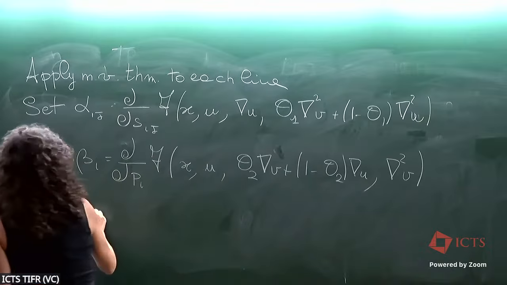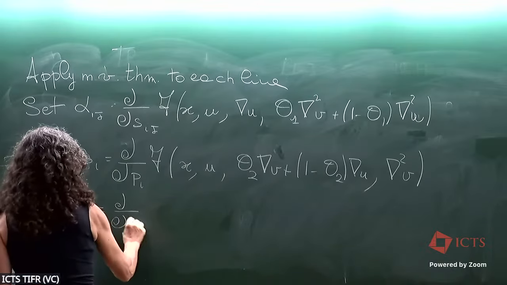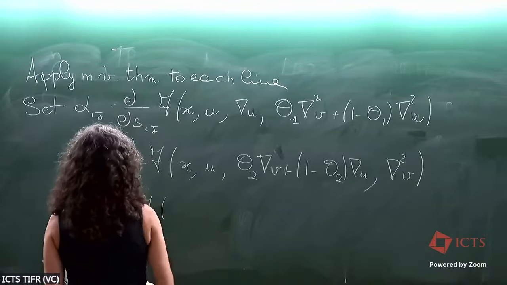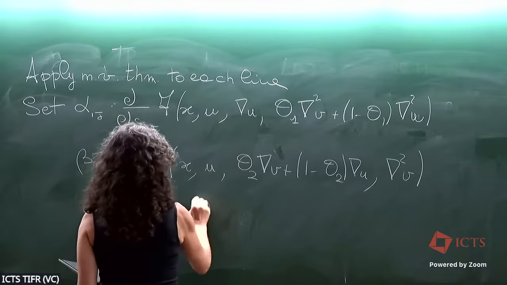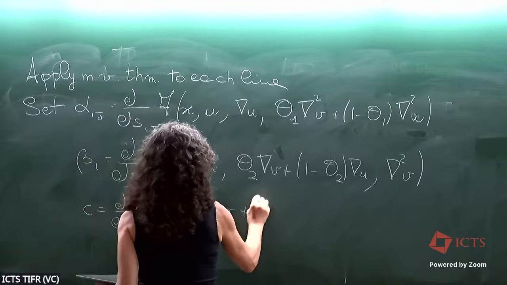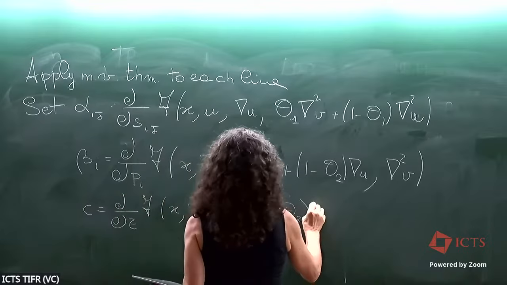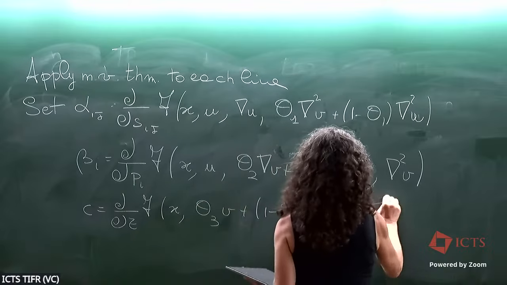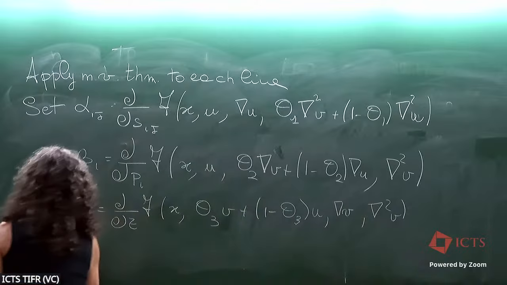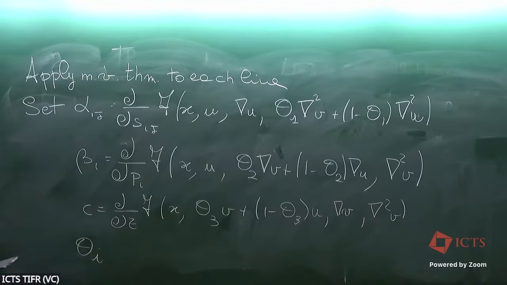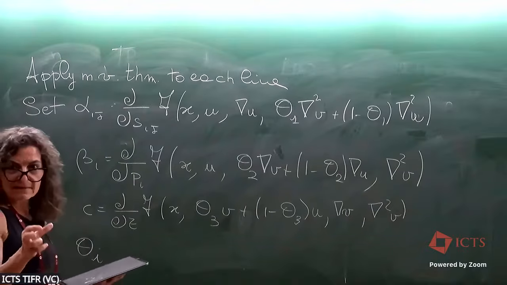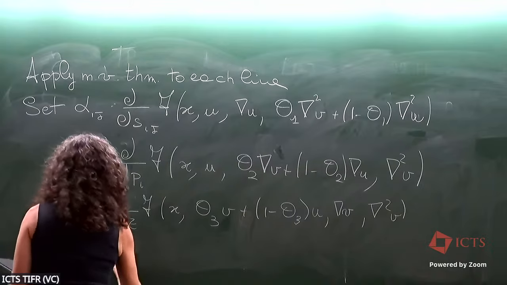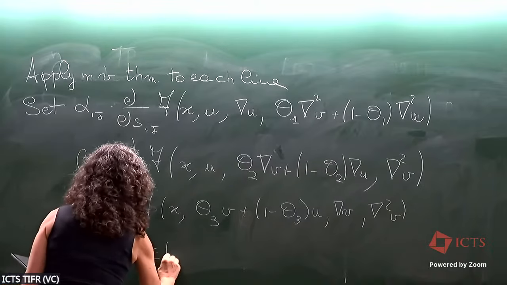And then c is equal to d/dz, z was the real variable representing u, of F(x, theta 3 v plus 1 minus theta 3 u, gradient v, Hessian of v). Where, of course, theta_i are functions of x taking values in 0, 1, the convex combination.